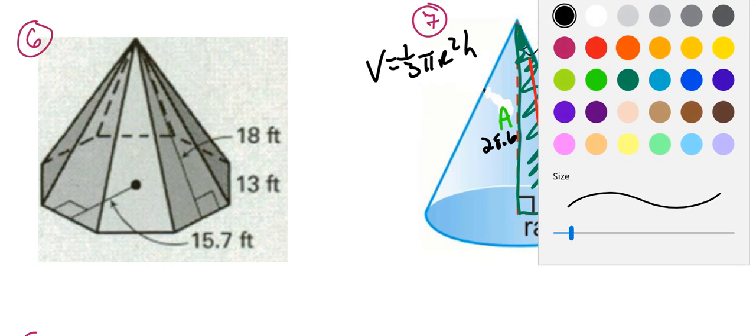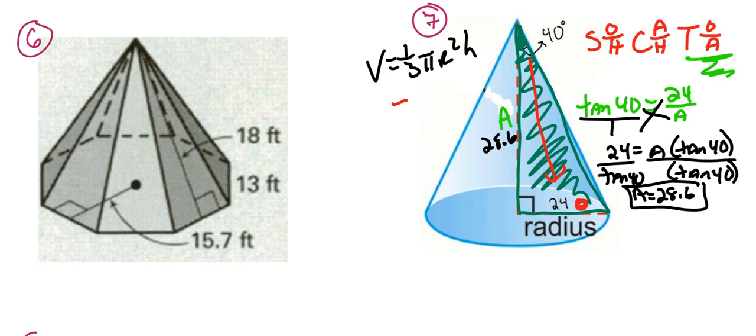So our volume here is going to be 1/3, again we'll keep the pi sign, the radius is 24, so 24 squared, and our height is 28.6. 24 squared is 576, divided by 3, times 28.6. So my answer here is going to be 5,491.2 pi.